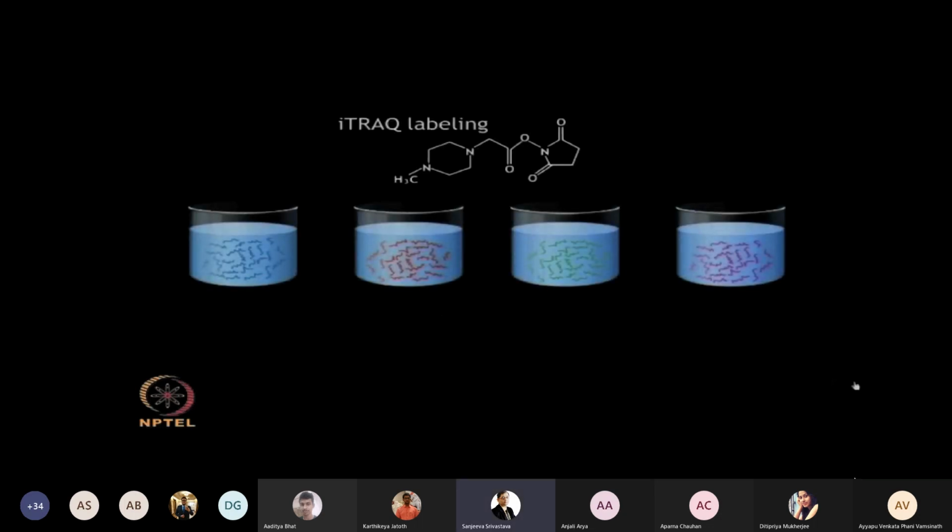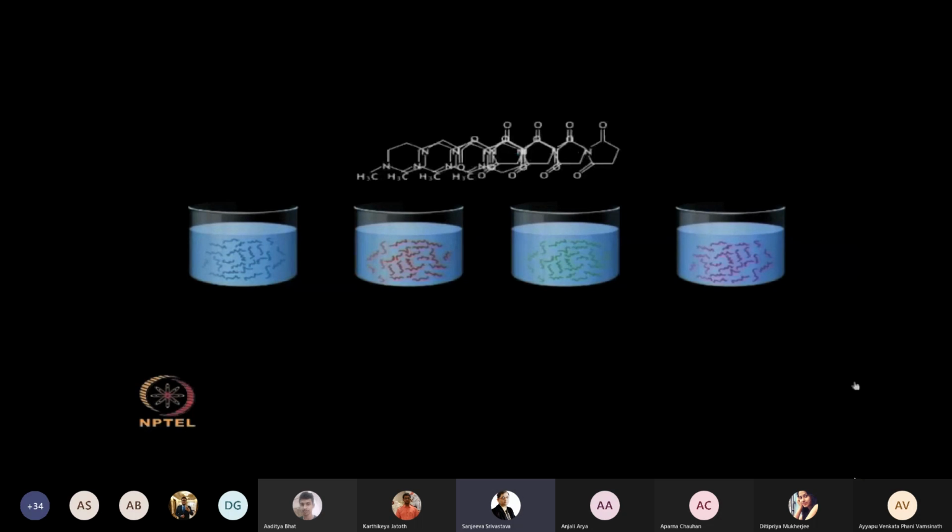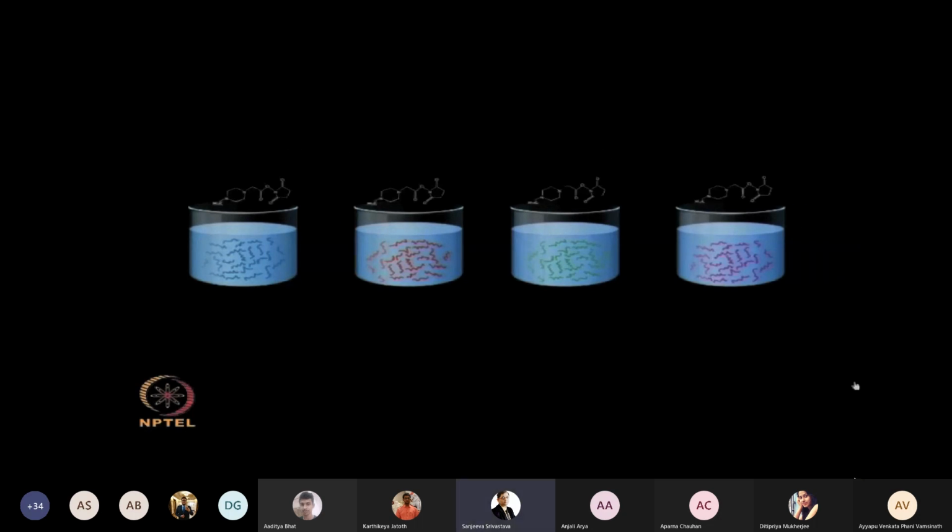The iTRAQ reagent consists of a reporter group, a balanced portion, and a peptide reactive group that interacts with the N-terminus of the peptide or free amino group of lysine residues, giving an overall mass of 145.